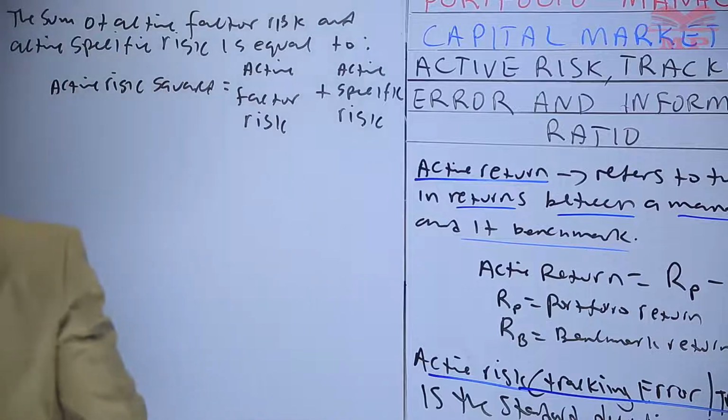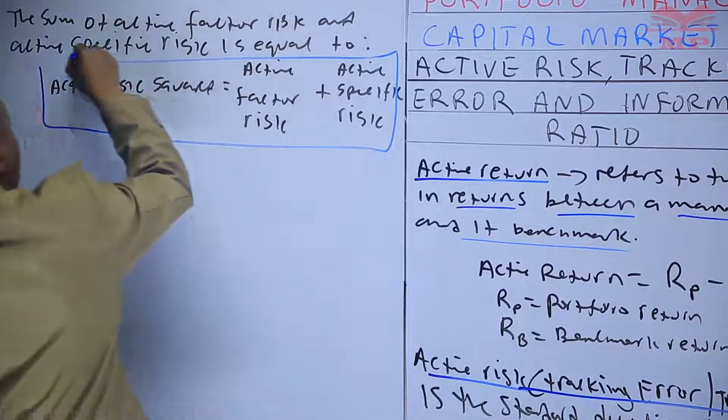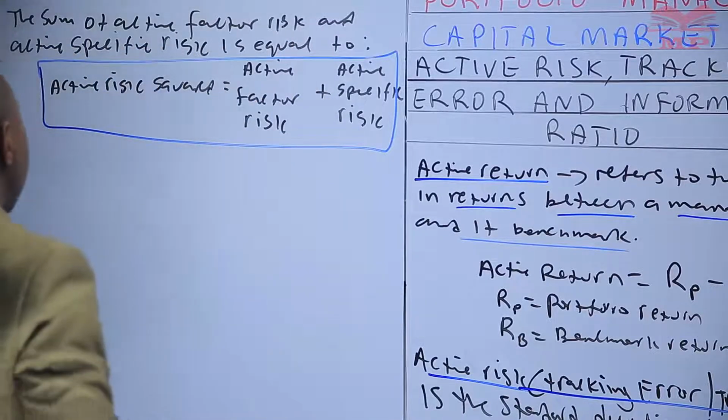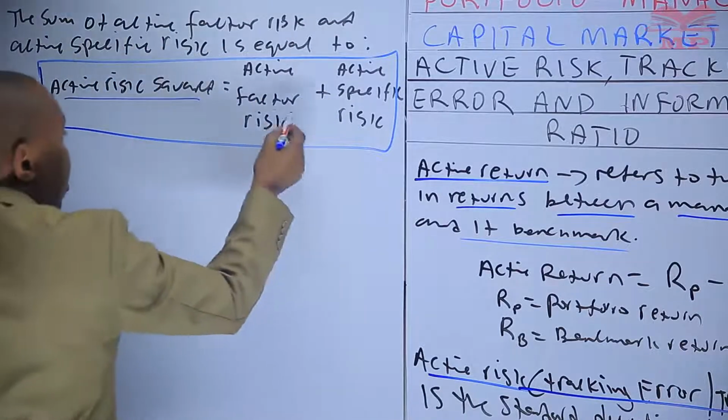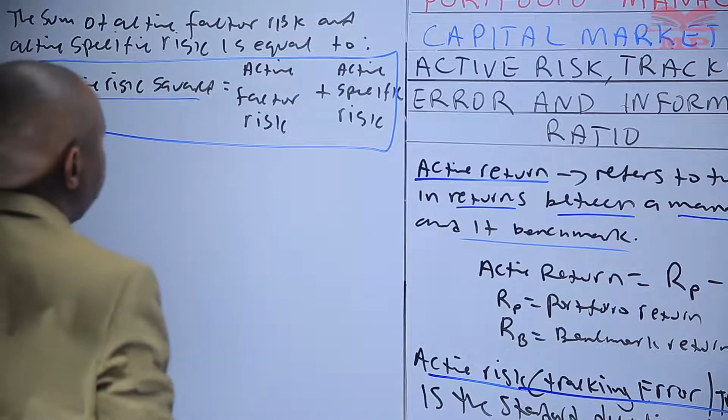So this is a very important equation right there. You're saying that the active risk squared is active factor risk plus active specific risk.